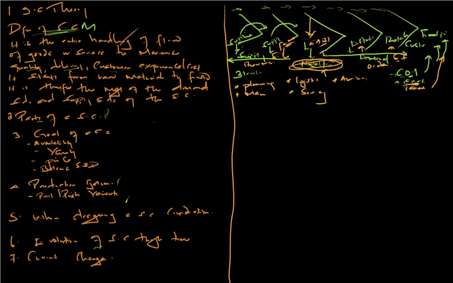Now, when we think then, what is the purpose of a supply chain, or what is the goal of the supply chain? It is therefore to provide a good price for the product. That's one. Two, to make sure there is availability of goods. Three, to give variety to the customer.